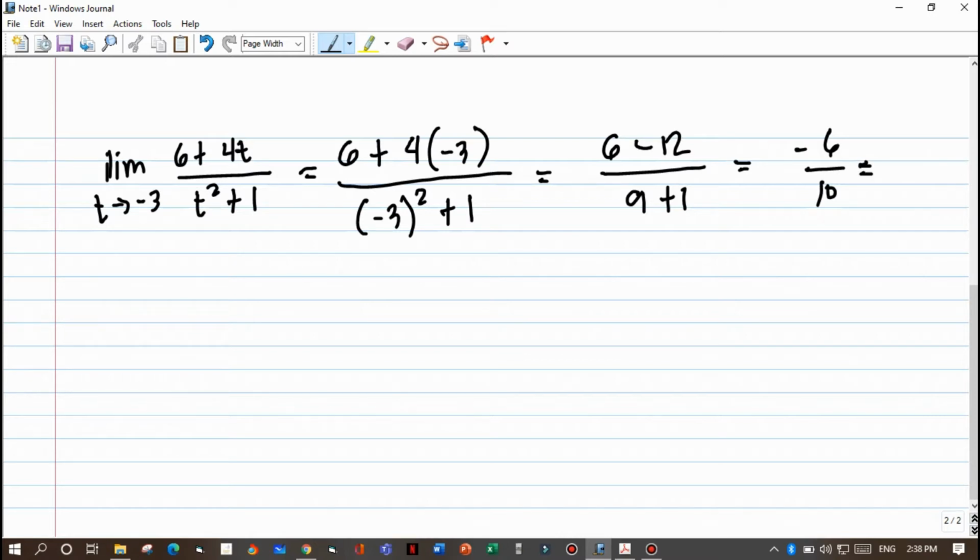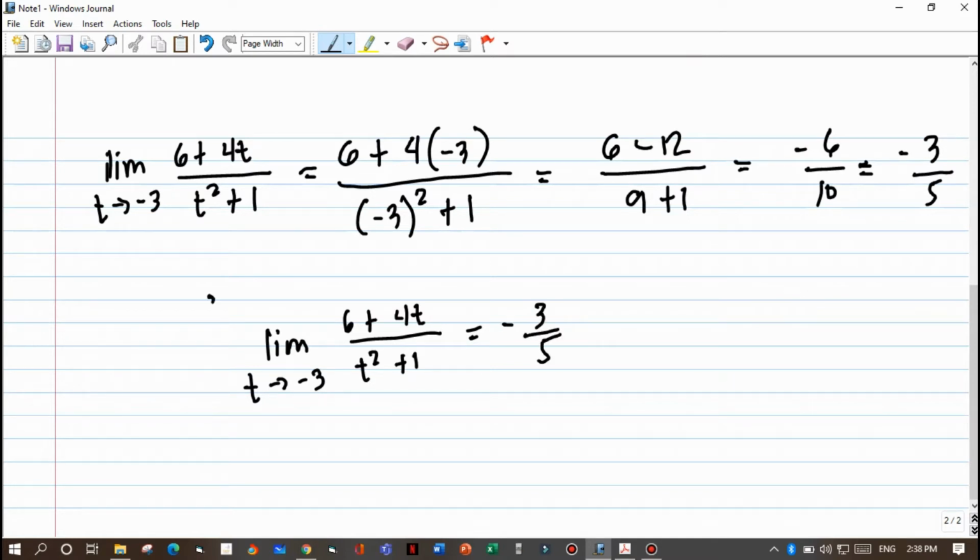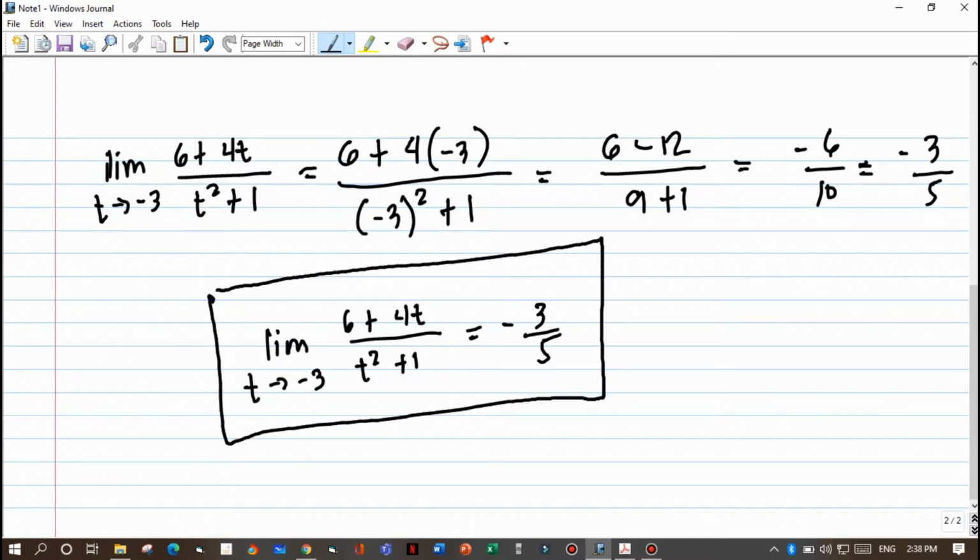So we get negative 3 and we get 5 in the denominator. Therefore, the limit of 6 plus 4t all over t squared plus 1 as t approaches negative 3 is equal to negative 3/5. This is our final answer.